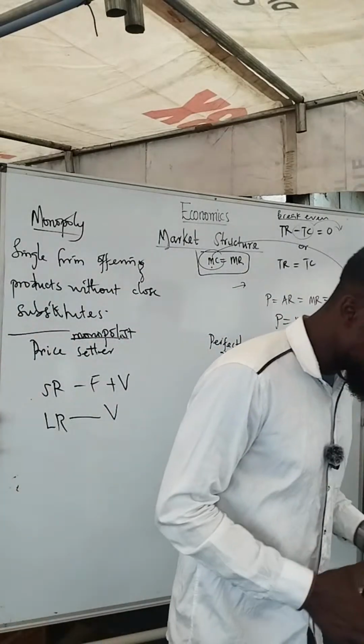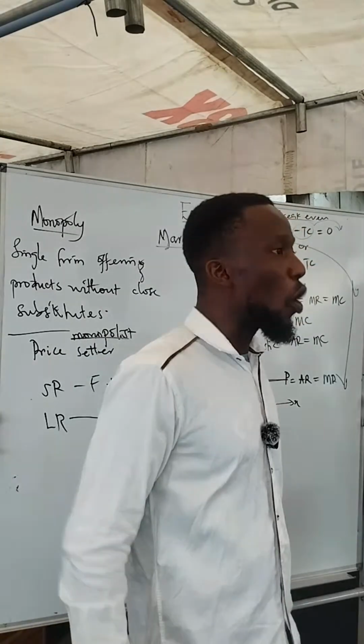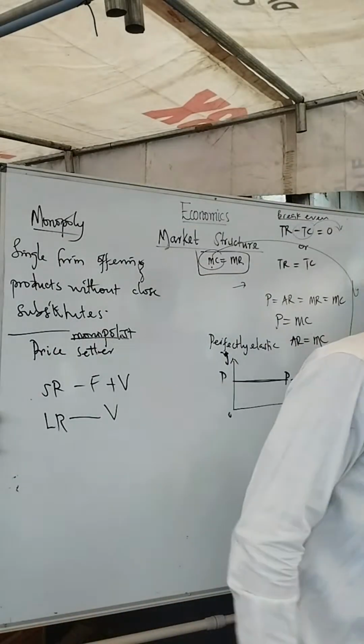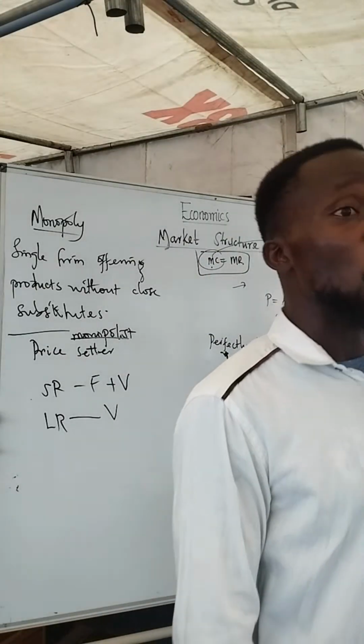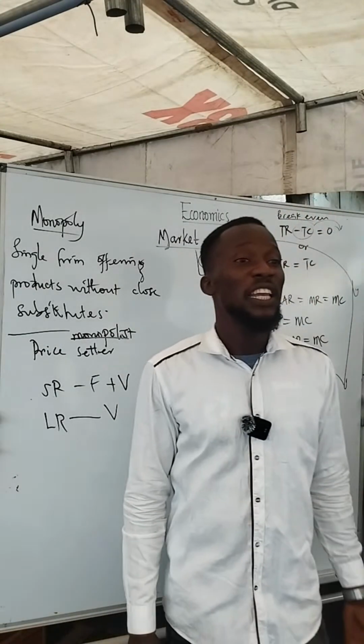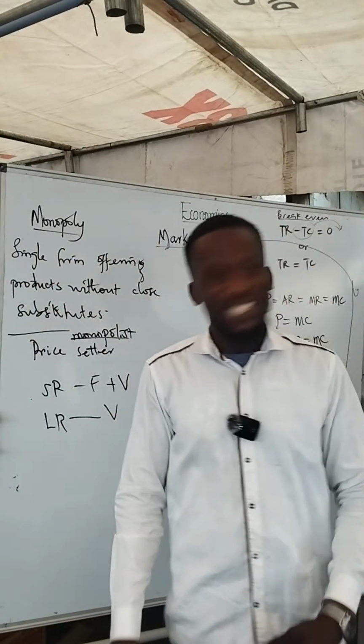A monopolist is a price maker or a price setter. He's not a price taker. He does not take price; he's the one who sets price, because he can either set price or set quantity. So either way, he's still setting price.